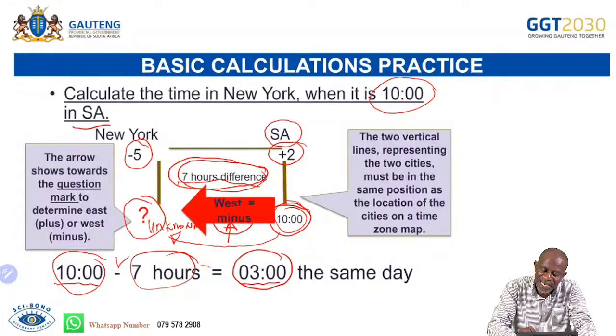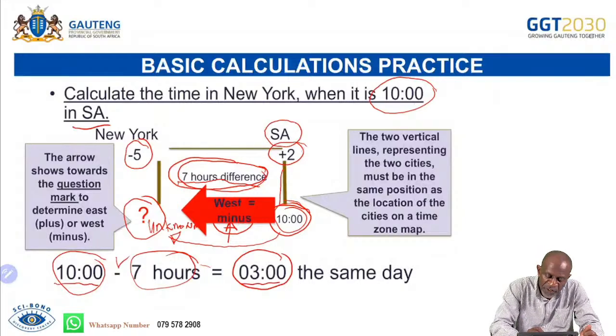The two vertical lines, the +2 and the +5, represent two cities and must be in the same position as the location of the cities on the time zone map.